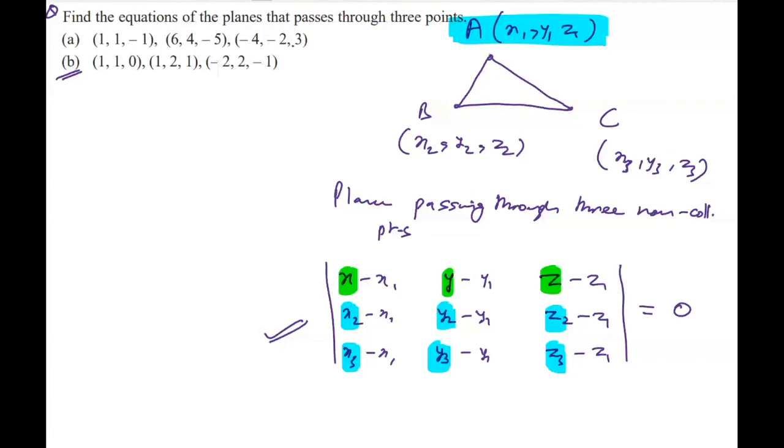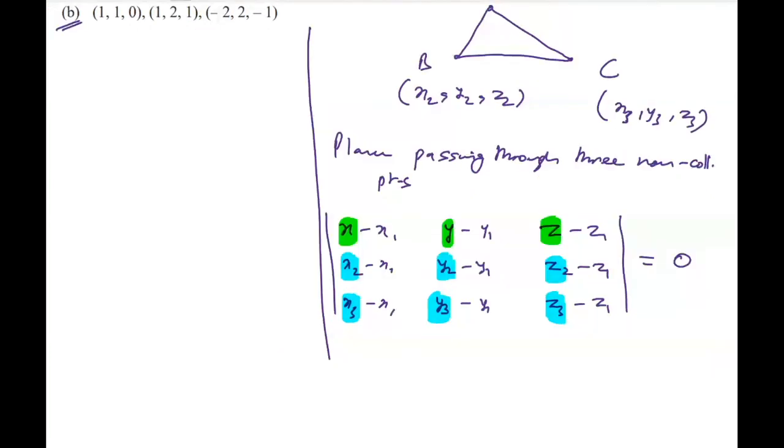First of all, you write this formula, then just put the x1, y1, z1, x2, y2, z2, and x3, y3, z3. Let's say this is x1, the first point. This is the second point. This is the third point. So this is the formula for a plane passing through 3 non-collinear points. What is x1, y1, z1?